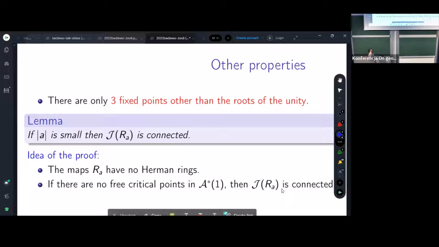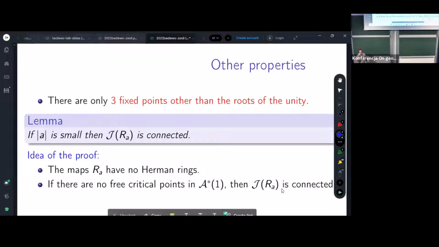So essentially, whenever you want to study connectivity of this family, you only have to take care of basins of attraction, essentially of parabolics, because you cannot get enough critical points to create holes in preimages.